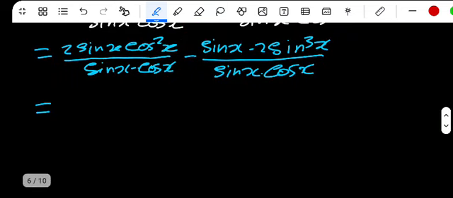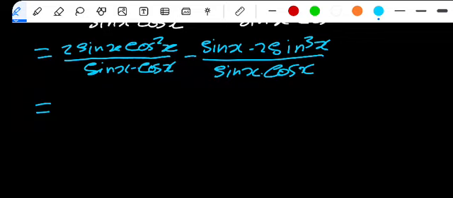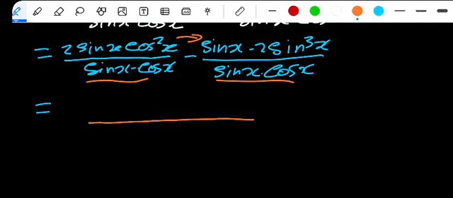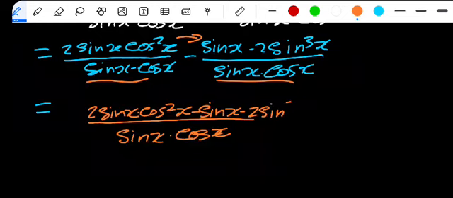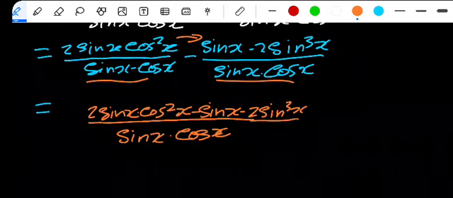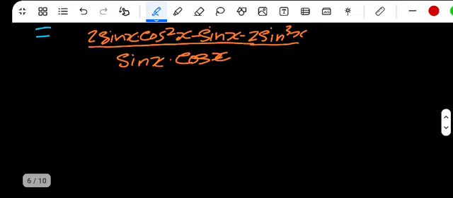Then here we have minus, so you distribute: sine x minus 2 sine cubed x, since we have a square now it will be cubed, divided by sine x multiplied by cos x. Now we have the same base, so we write 1 over sine x multiplied by cos x, and on the top sine x multiplied by cos squared x minus sine x minus 2 sine cubed x. That is what we'll have now.